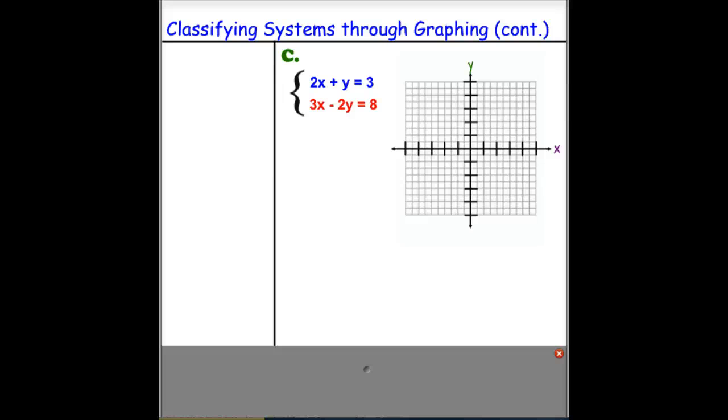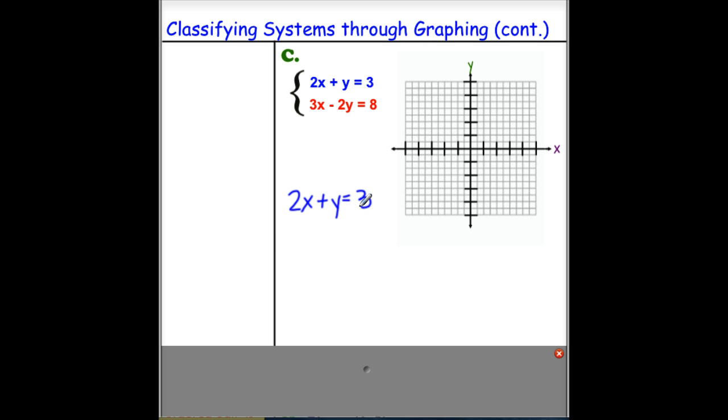Now we have a situation where our equations are not in slope-intercept form, which is going to make it a little bit tougher to graph. So what I'm going to do is I'm going to go ahead and solve these for y. So first I have 2x plus y equal to 3.